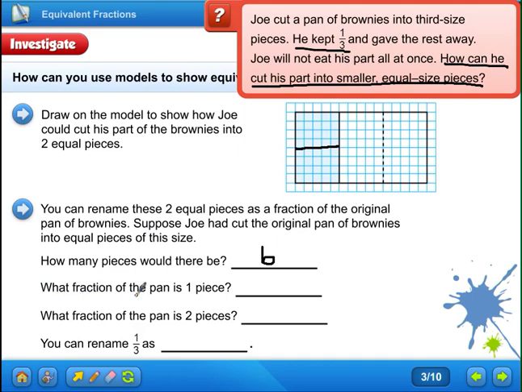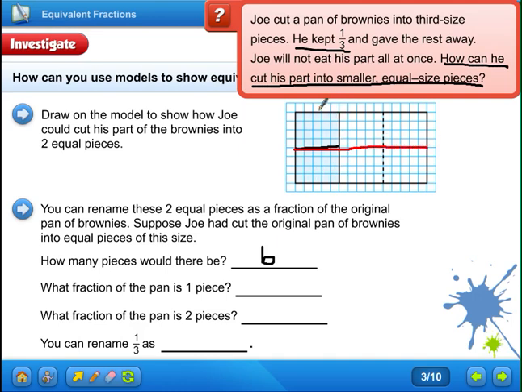What fraction of the pan is 1 piece? 1 piece right here. Well, how many total pieces, if he cut it this way, would he have? Let's just put a line here. If he would cut this whole thing like this, see how straight my line can be.